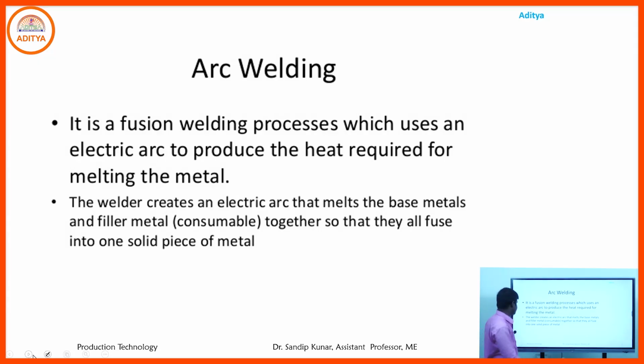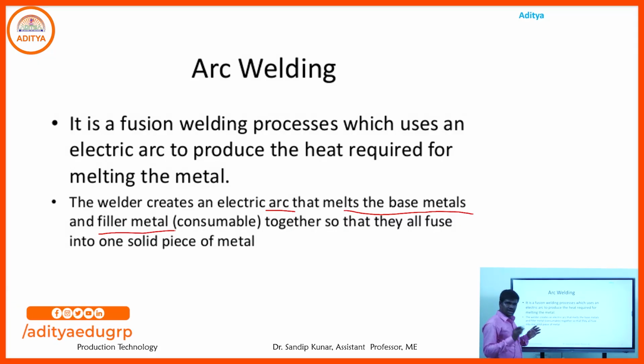The welder creates an arc that melts the base metal and filler metal. Sometimes we use a consumable metal, a filler rod, for welding, and due to fusion of the base metal and filler rod we join both surfaces.